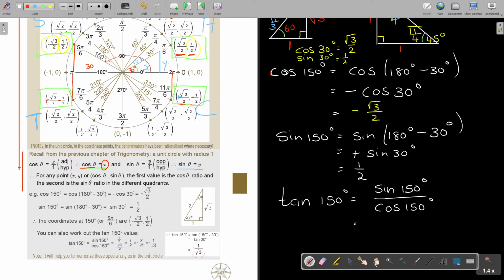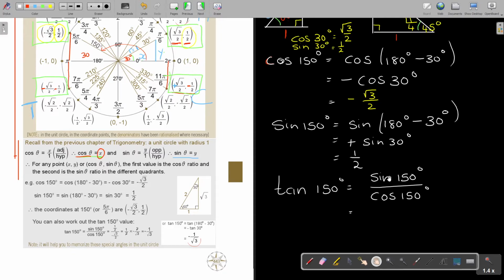And then I'm just going to say, okay, what is sin? Sin was a half. Let's just fill it in. What was cos? It was square root. First keep your signs like this. And this is actually meaning a half multiplied by 2 over square root 3. And it cancels, and the answer is 1 over square root 3.